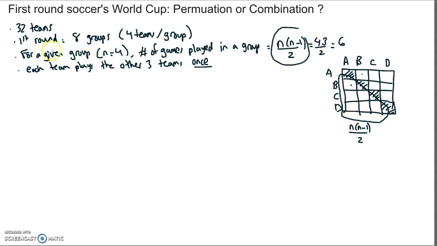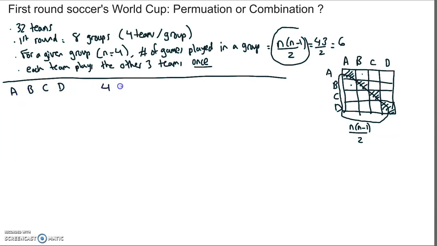The answer is yes, and let's see how we can do that. So we have our 4 teams, A, B, C, and D. Those are 4 distinct objects. Those are 4 different teams. And we want to select 2 at a time. So we're going to be choosing or selecting.